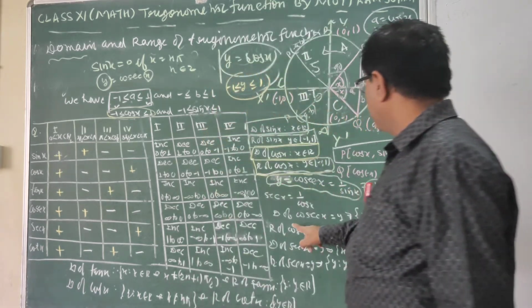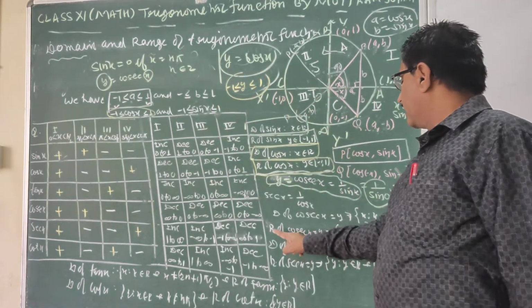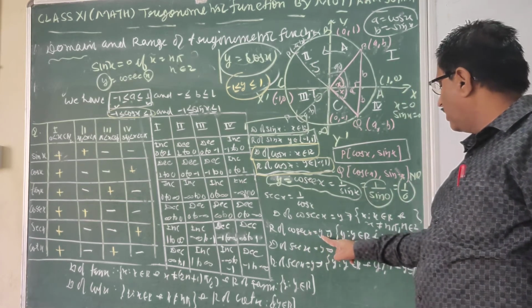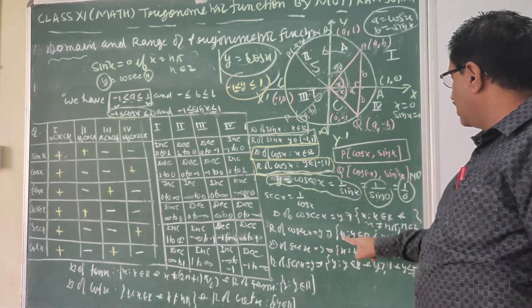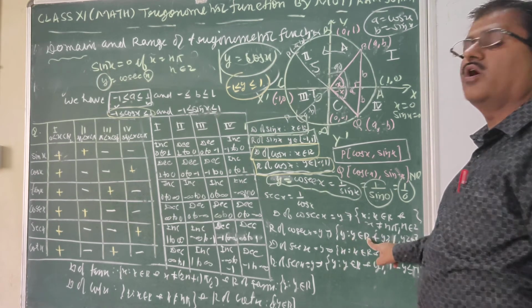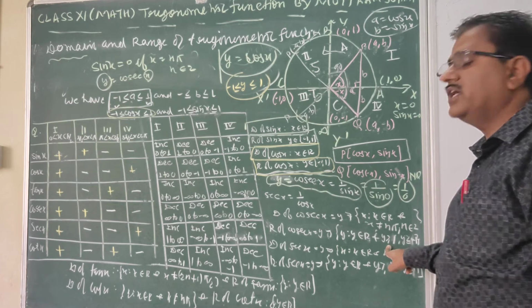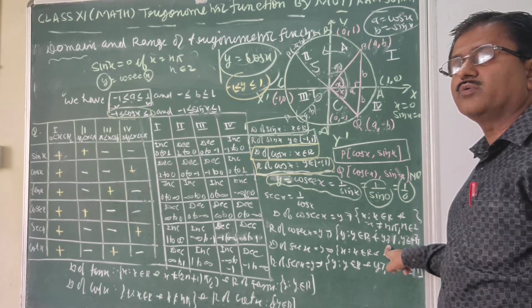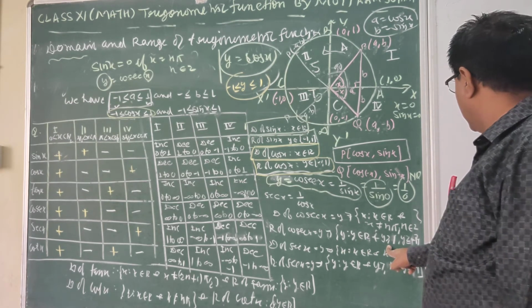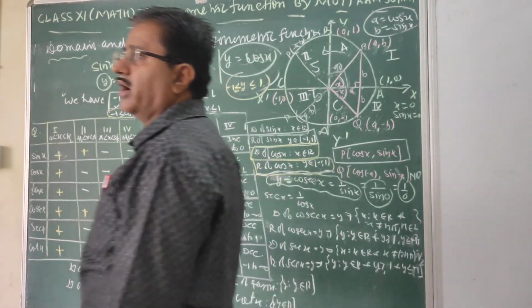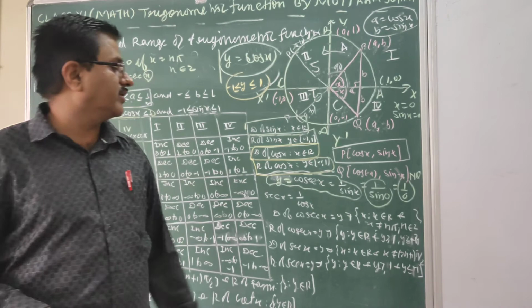So here is one important point I have written: the range of cosec x is y such that y belongs to R, and y should be greater than or equal to 1 or y should be less than or equal to -1.